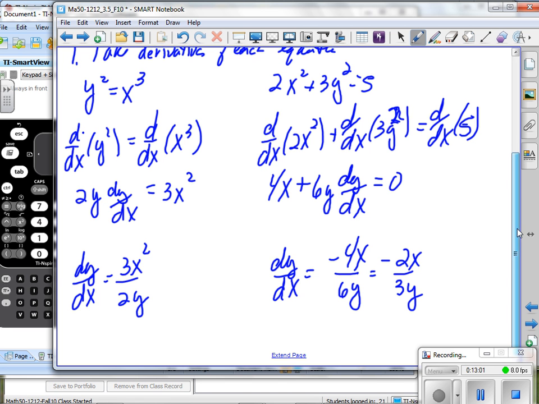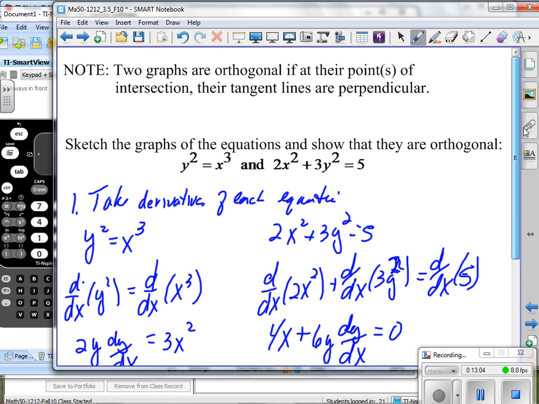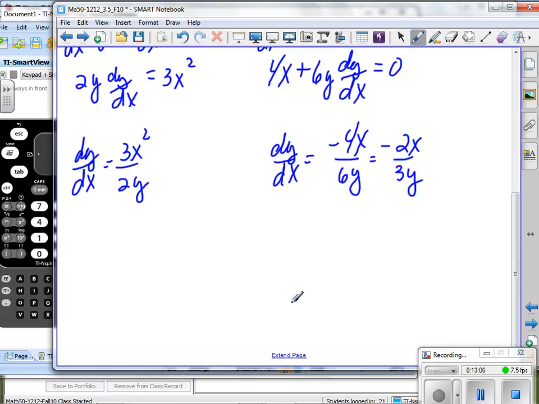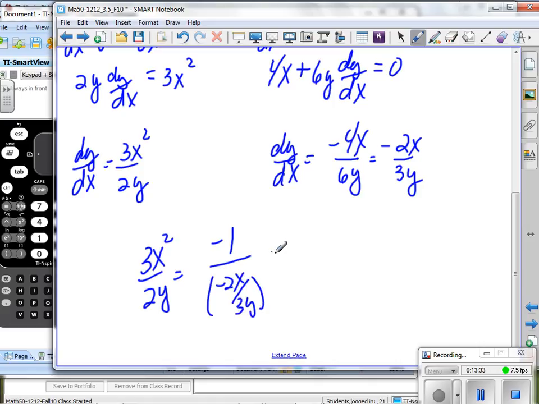Now, it says that the tangents are perpendicular. So what do you know about this derivative and this derivative? How do slopes of perpendiculars relate? Negative reciprocals. Okay, so 3x squared over 2y is the same thing as negative 1 divided by negative 2x over 3y.